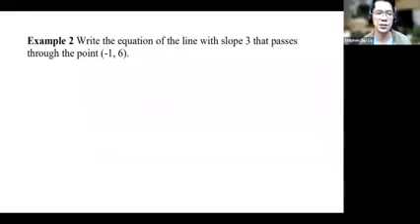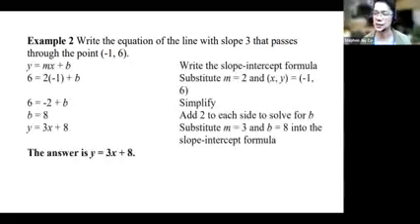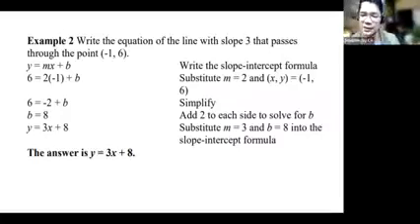Another one: write the equation of a line with slope 3 that passes through the point (-1, 6). Next, we utilize the slope-intercept formula, y equals mx plus b.